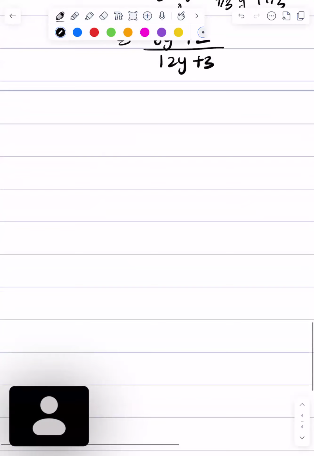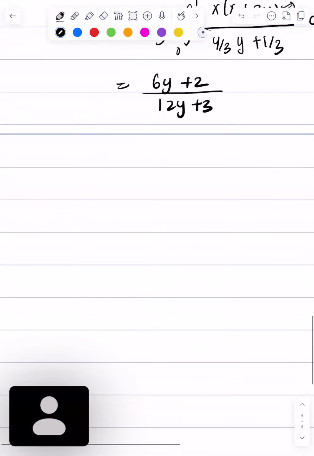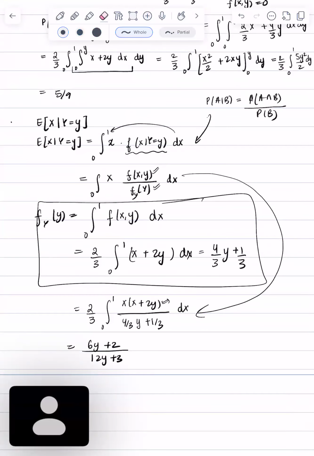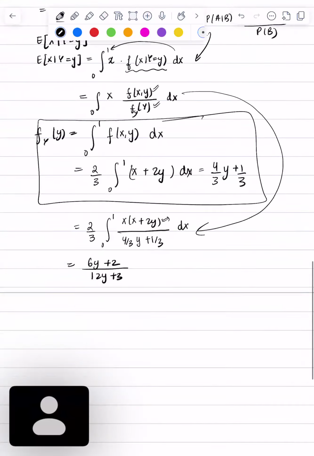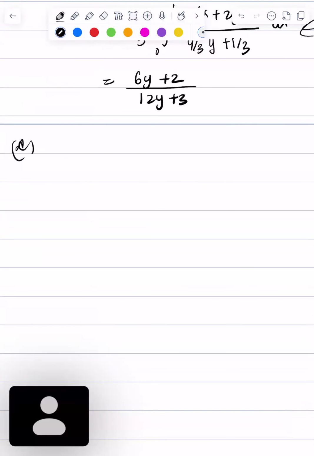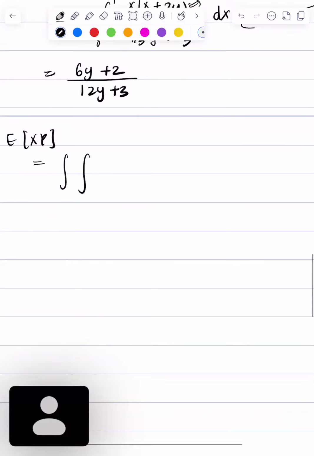Lastly, we have, let's see, sorry, this was at 5. Let's see, expected value of x times y. This is pretty intuitive.